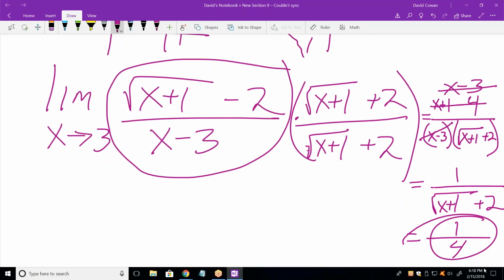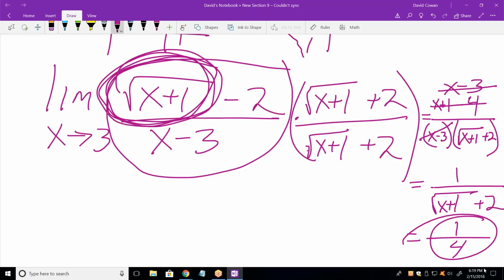Now, there's basically 3 ways to do a limit problem. There's 3 techniques. One is factoring. The other is where you do this, you multiply by the conjugate. And you usually use this method whenever you see a radical sign, like this. Because I'm not factoring any of that. I can't factor any of that.